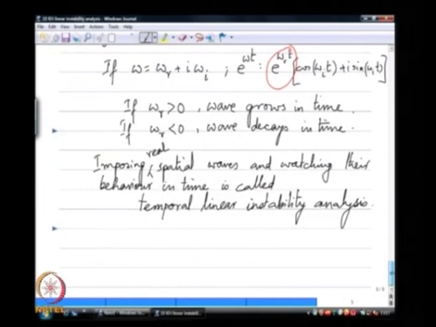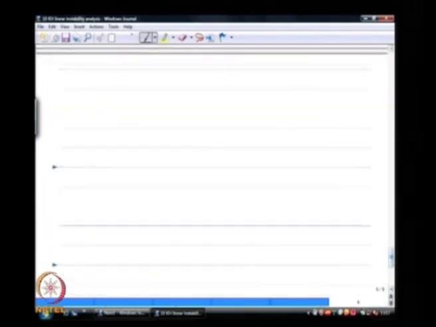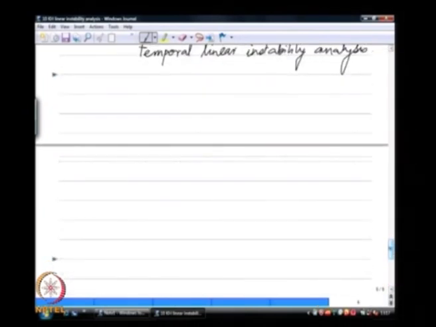So, now the next order of business is to define a set of boundary conditions.